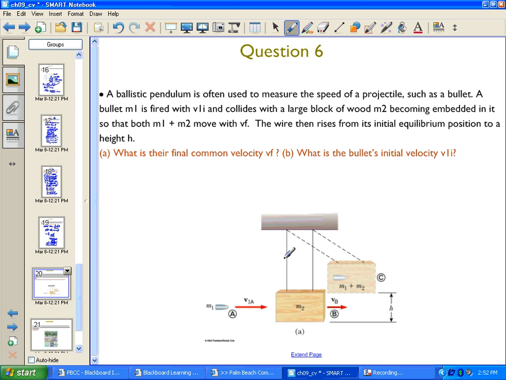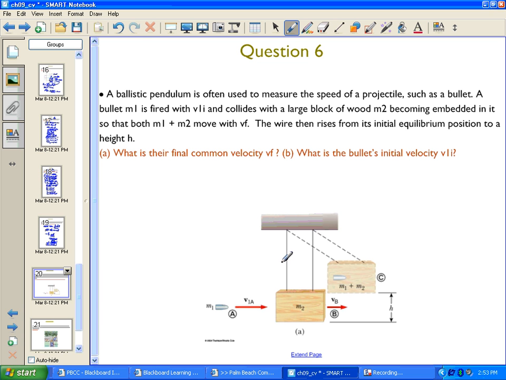A bullet of mass m1 is fired with an initial velocity, v1 initial A, and collides with a large block of wood, m2, which is stationary yet suspended from a ceiling and so therefore able to swing as a result of motion. When the bullet strikes the wood, it becomes embedded in it so that both bullet and block move with a common velocity. Let's call it vB, as shown in this diagram.